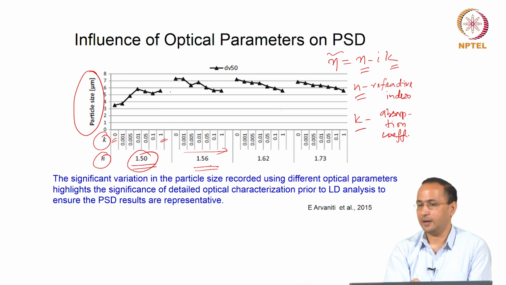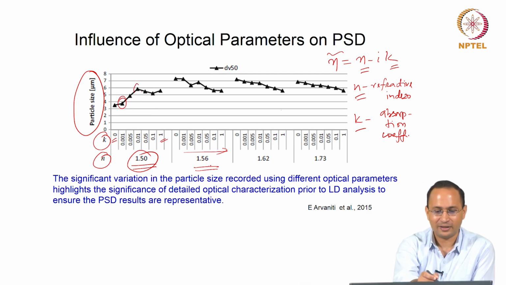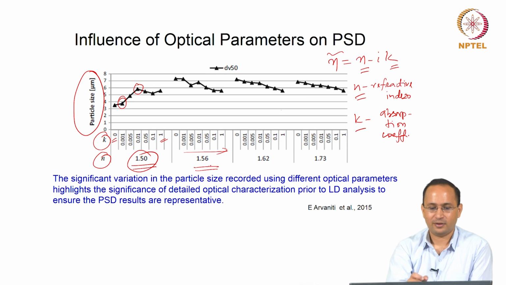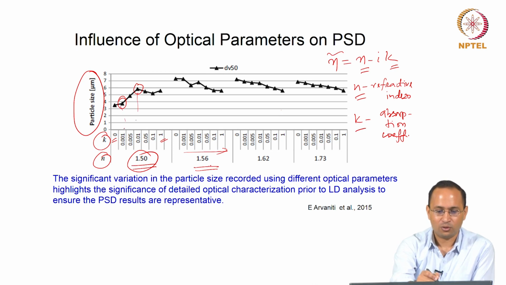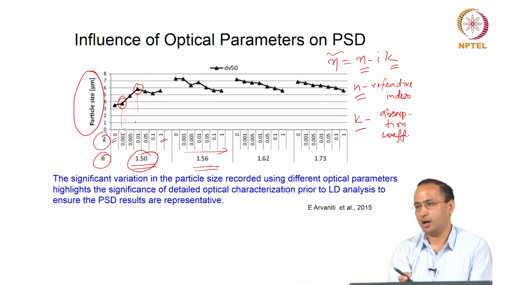For 0 you will have a different value, and even a small K like 0.001 will give you a different value than this. That is why it is very important to pay attention to these optical parameters, because that affects your particle size distribution.